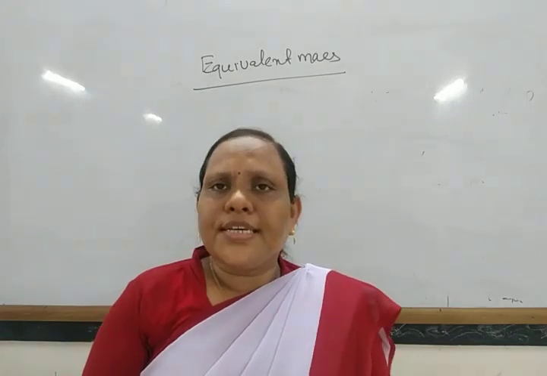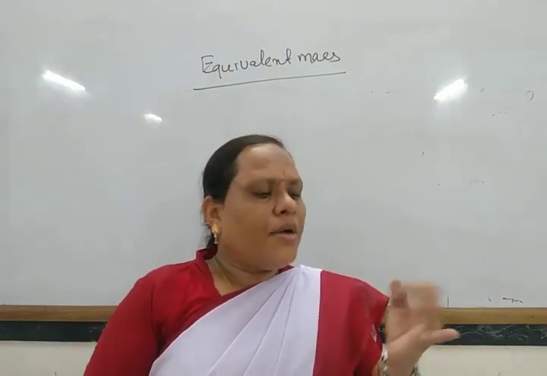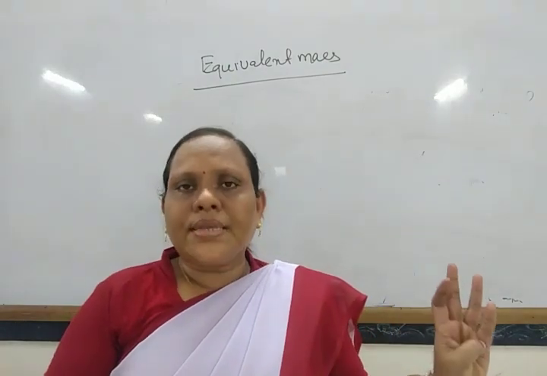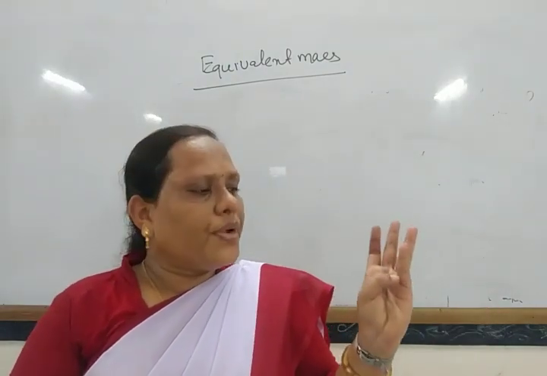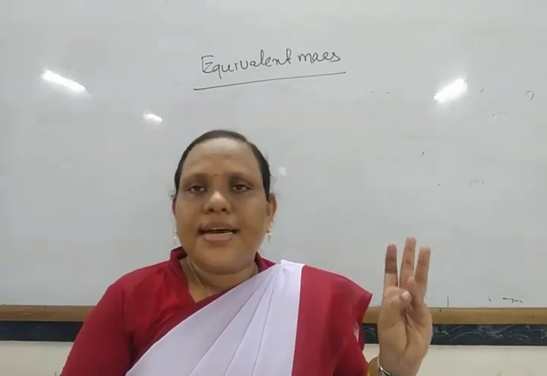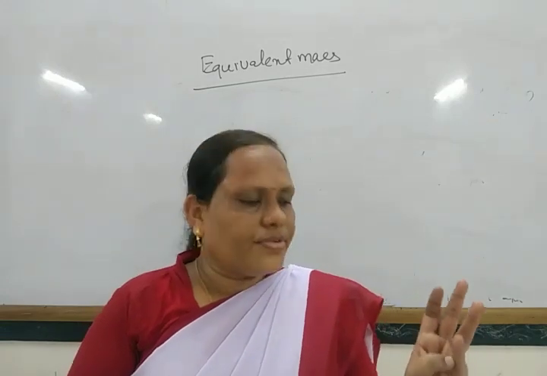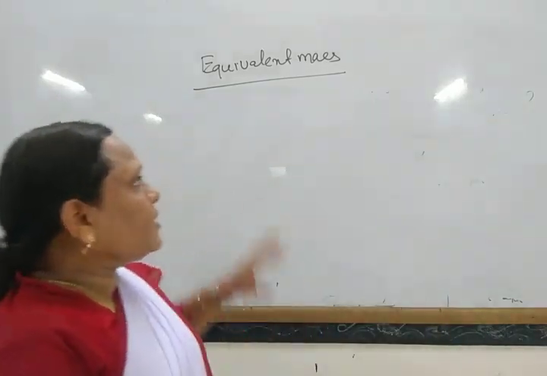To compare this equivalent mass, generally most compounds are formed by combining with either hydrogen, chlorine, or oxygen. So these three are taken as standards to determine the equivalent mass of substances. So what is equivalent mass?